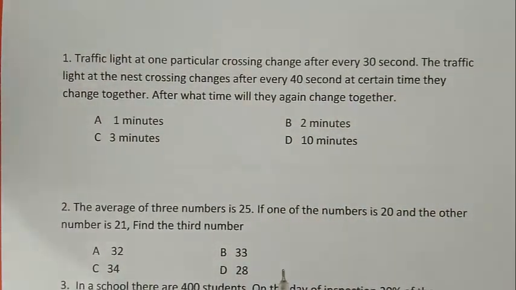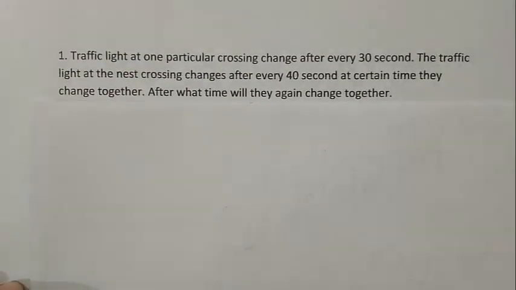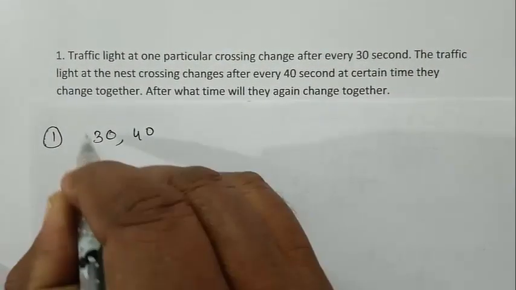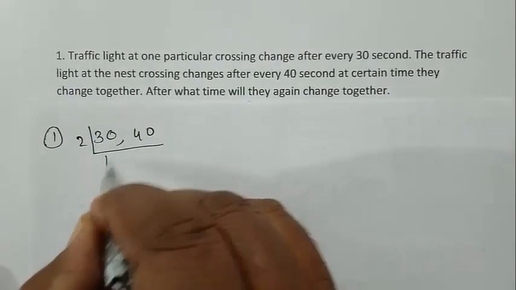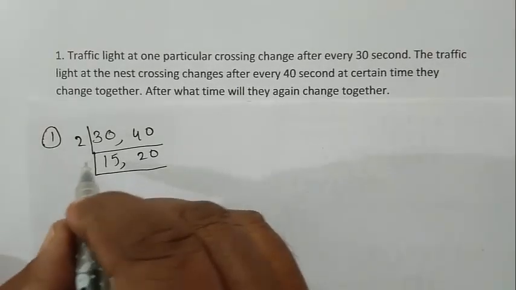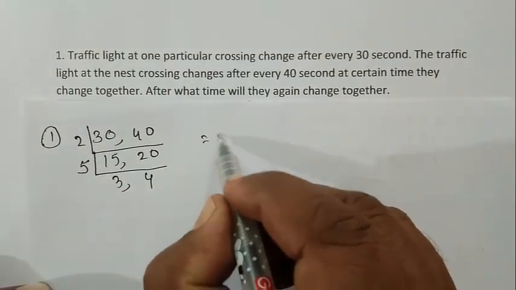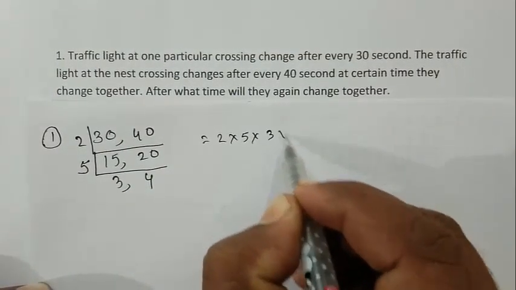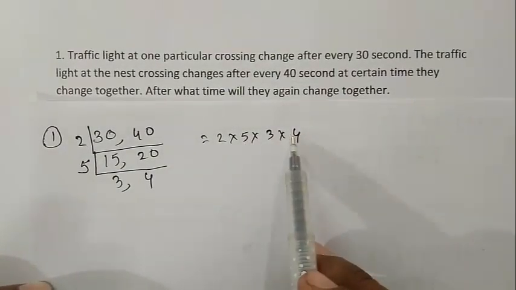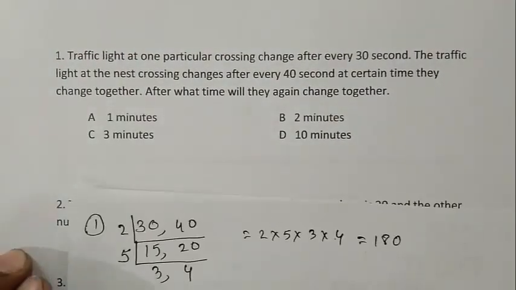So, question number 1. 30 and 40, 2, 20, that is 5, 3, 4, that is 2 into 5 into 3 into 4, 180 seconds.